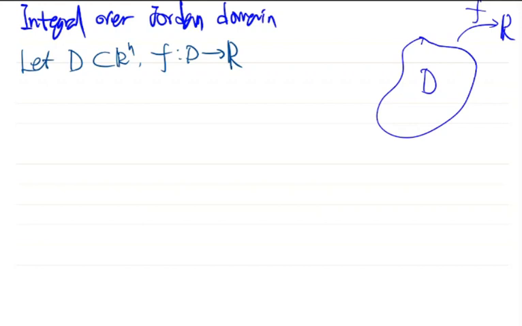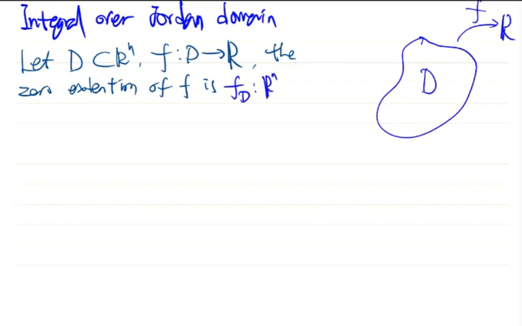The zero extension of f is the function denoted by fD, which is defined, you can consider this as a function defined in Rn, as follows. When x belongs to D, f(x) makes sense.